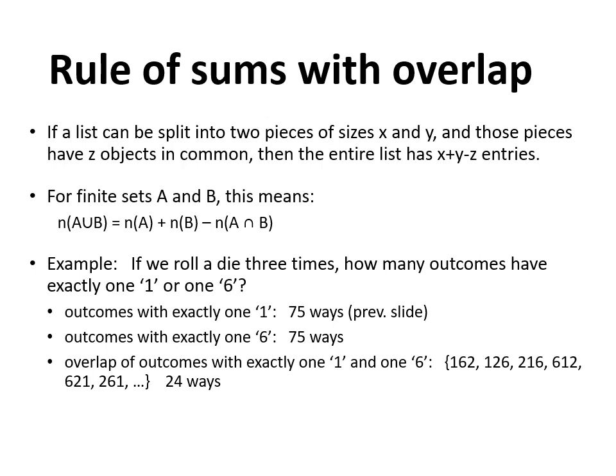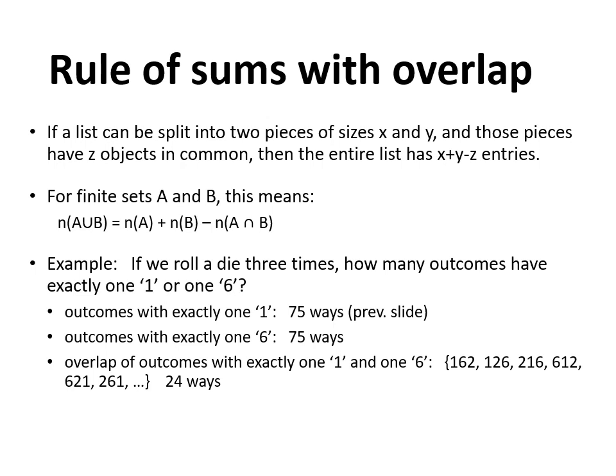So here's an example. If we roll a die 3 times, how many outcomes have exactly 1, 1 or 1, 6? As on the previous slide, first we count all outcomes with exactly 1, 1.